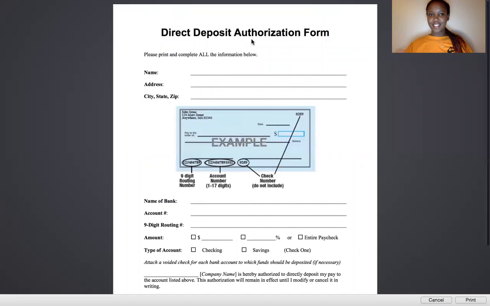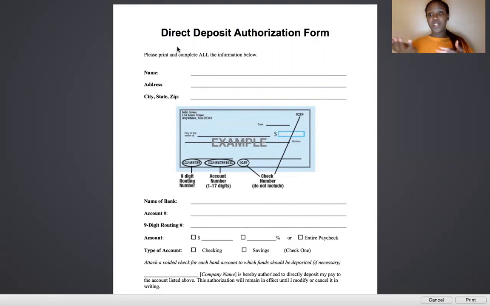On today's lesson, we will be going over a direct deposit form. So direct deposit means the money that you make from work goes straight into your bank account.